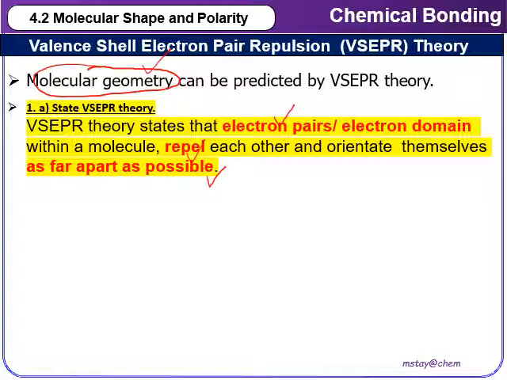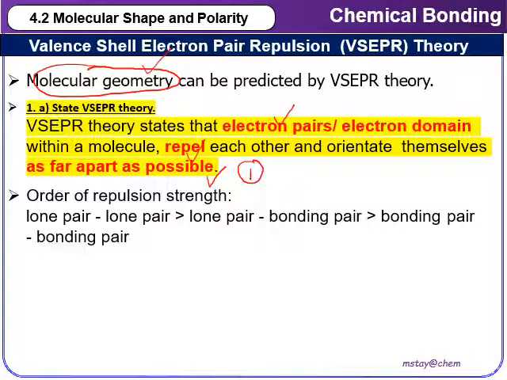This is the first point in this theory. The second point is that the repulsion between lone pair and lone pair electrons is the strongest, followed by lone pair and bonding pair, and bonding pair and bonding pair electrons is the weakest. These are also the questions asked in tutorial question number 1A.